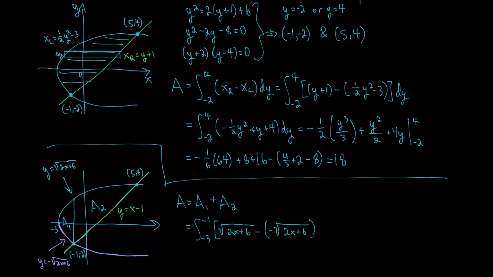So that means they cancel and become positive. That's with respect to x. That's my first one, A1. So that's from here to here, where blue is top and purple is on the bottom. But then from -1 on to 5, I would have to switch, still have the blue one on top, but now on the bottom I've got the green one, x minus 1.